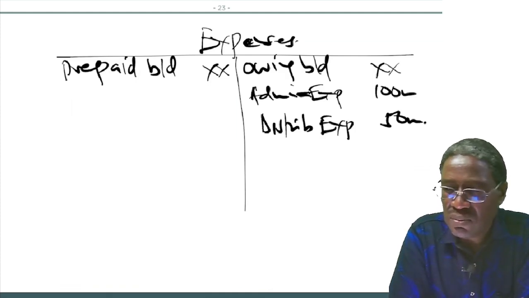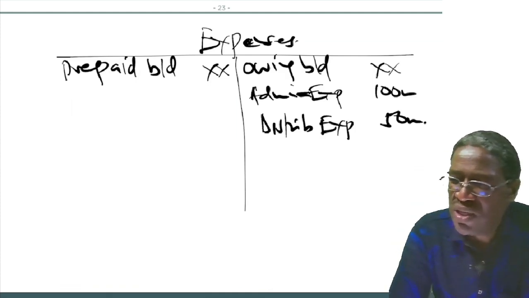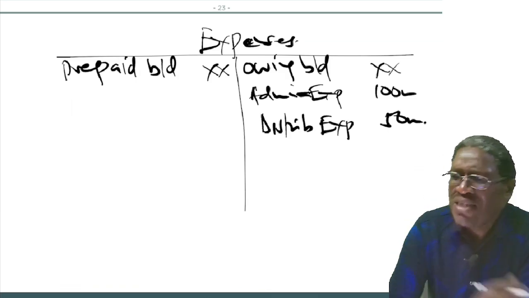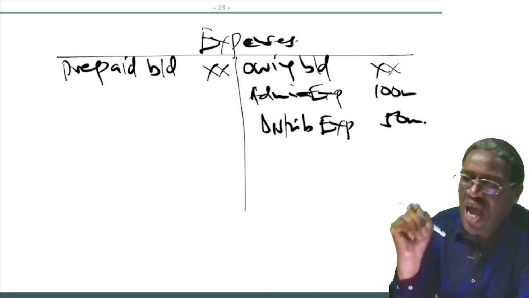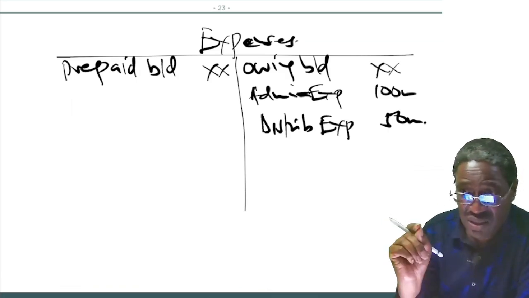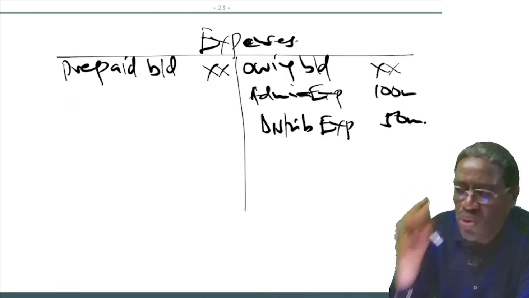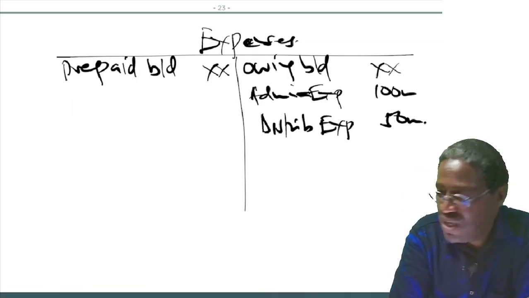I have credited this expense account with 100 million for admin expenses. Is there anything within that 100 million where I paid no cash for it, yet I included it as an expense under admin? It is possible.